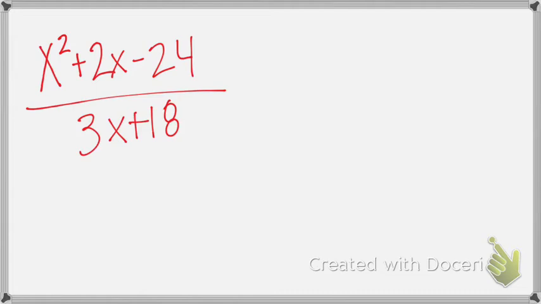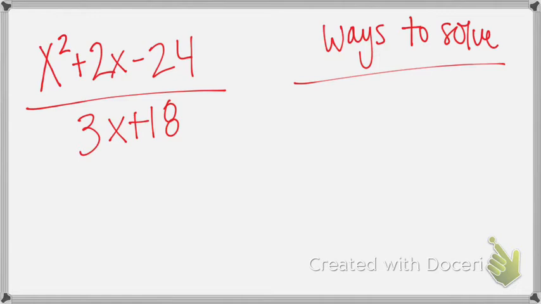Okay. So, you don't have to write this part down, but I'm just going to note it so we've got it. So, ways to solve. There are 2 types of division that I can do. What's one of them?